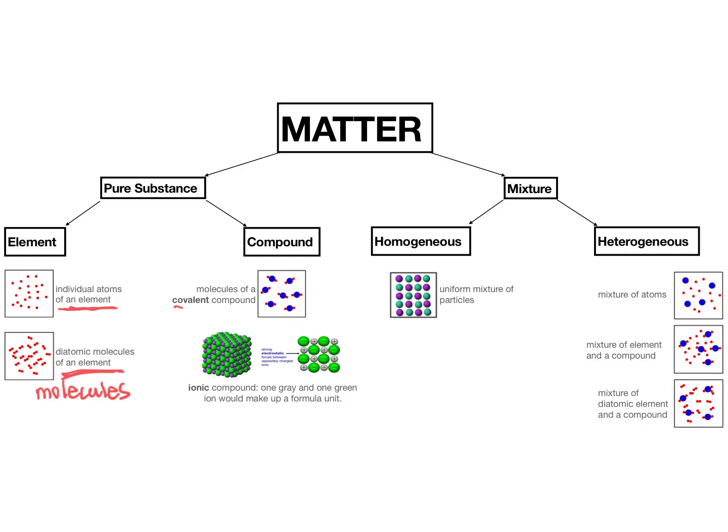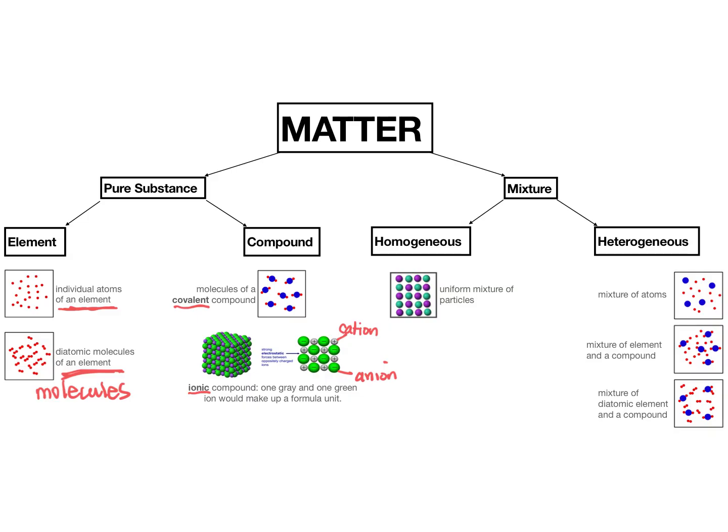And this would be a type of a covalent compound. And an ionic compound really looks like a regular repeating collection of these cations, the positive ions, and the anions, which are the negative ions.